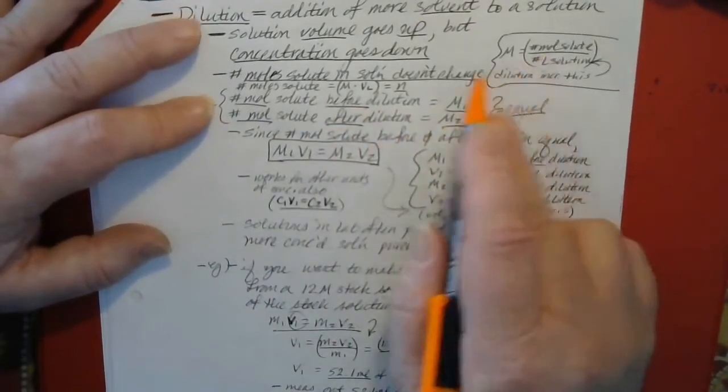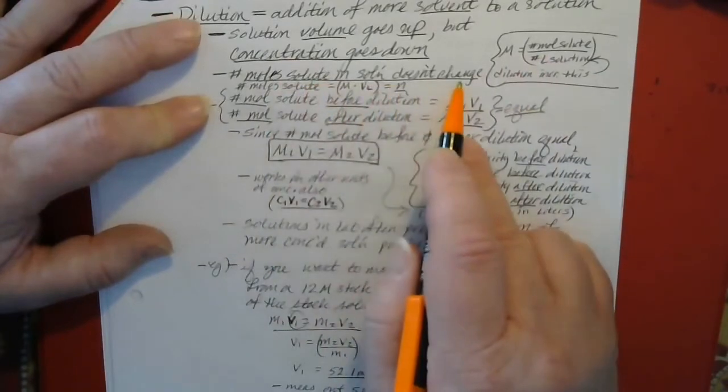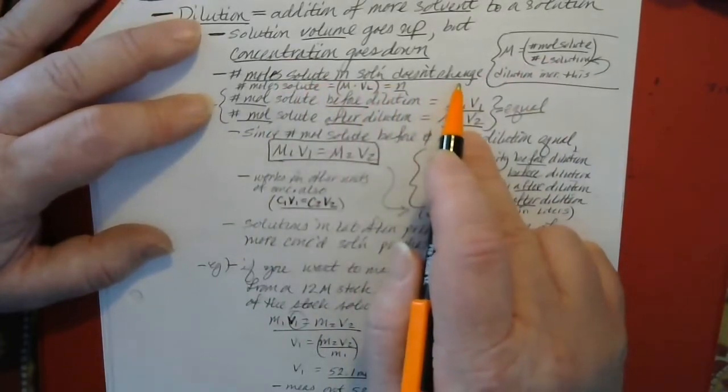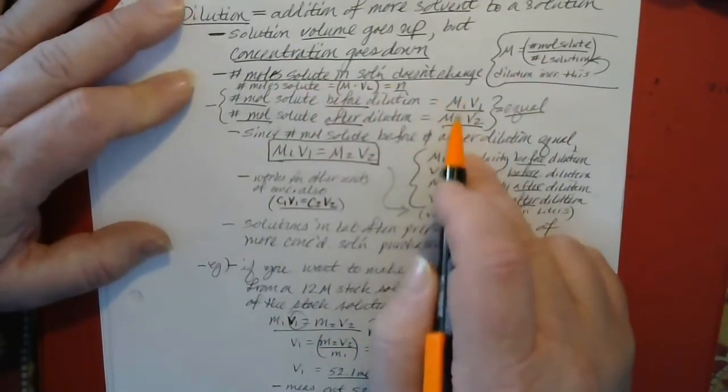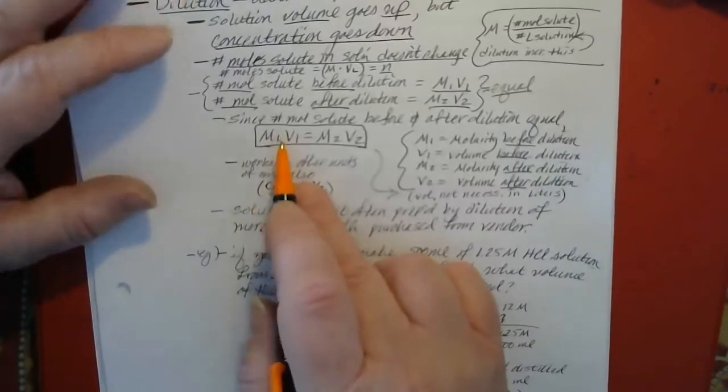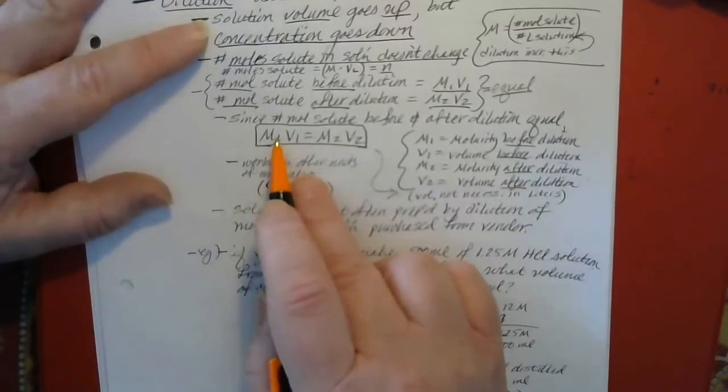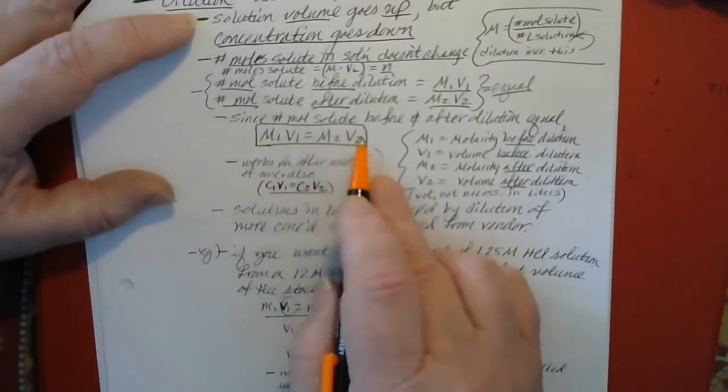But as we saw up here, the number of moles of solute doesn't change during dilution, so these two things have to be equal. And so we come up with the equation that we characteristically use for dilutions, which is M1V1 equals M2V2.